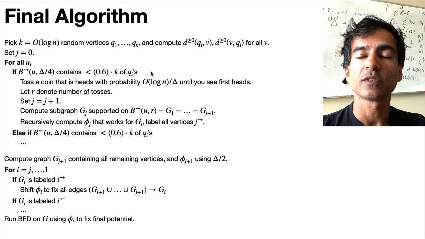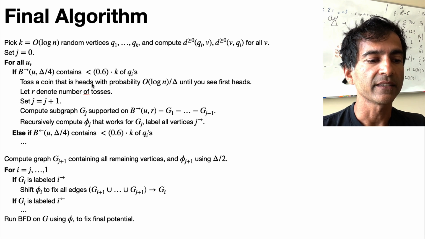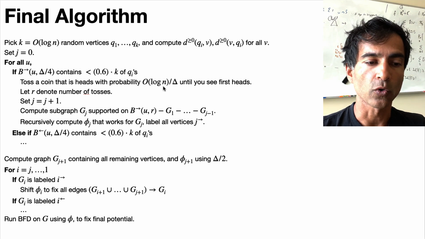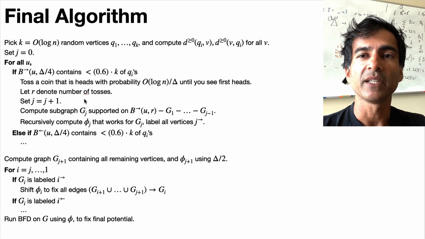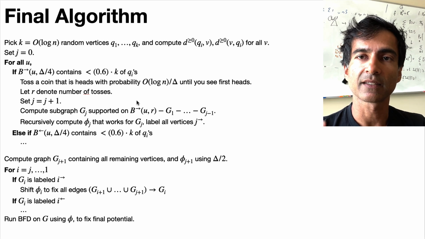And it turns out the right thing to do is use the geometric distribution to pick the radius of the balls. So what does that mean? We'll toss a coin that is heads with probability order log n divided by delta until you see the first heads. And R will be the random variable which denotes the number of coin tosses until you see the first heads. This is how you sample R.